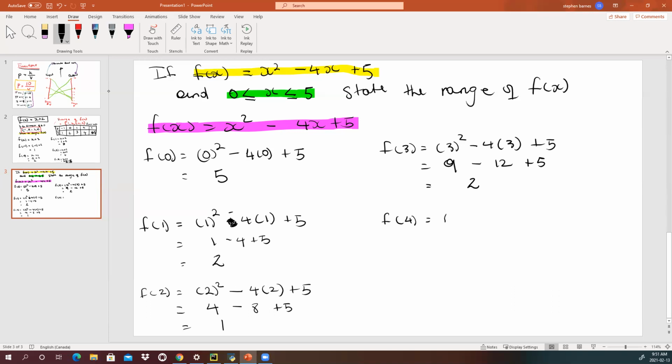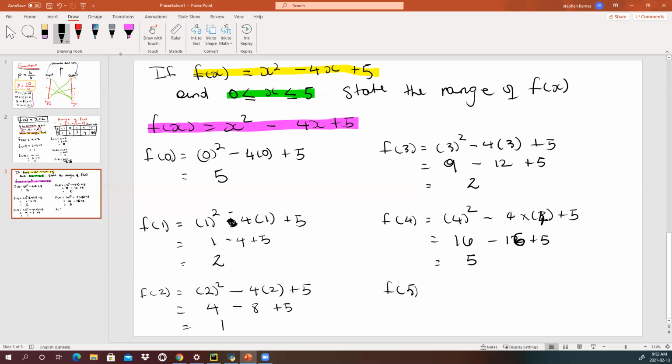So f of 3 is 2. Then f of 4 equals 4 squared minus 4 times 4 plus 5. 4 squared is 16, minus 4 fours is 16, plus 5. 16 minus 16 is 0, so it equals 5. Yeah, 5.